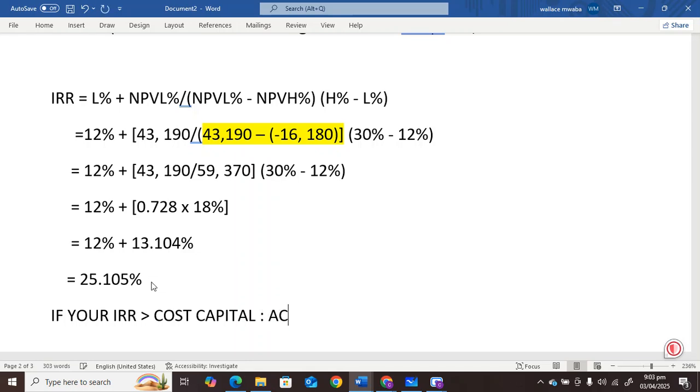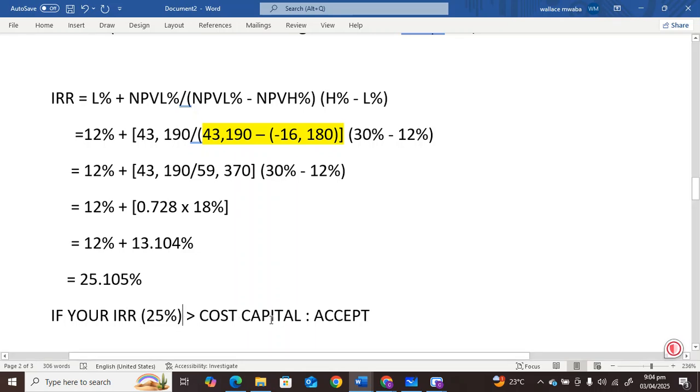Like in this case, our return, 25%, is greater than the cost of borrowing, which we incurred, 12%. So we accept the project. But if your return is less than the cost of capital, meaning your return from your investment is less than the cost of borrowing for that investment, then it means you reject the project.